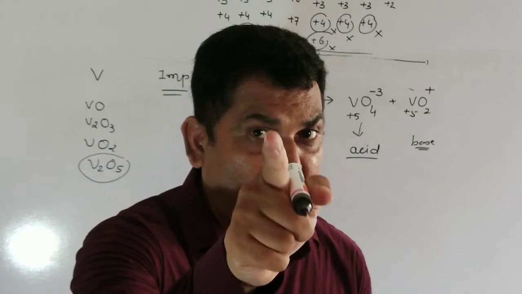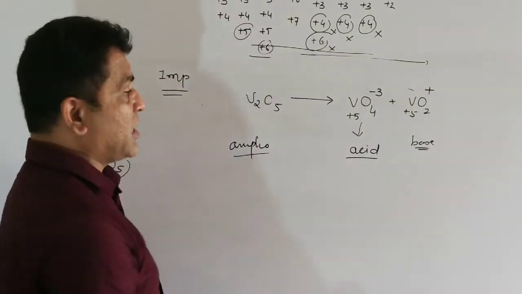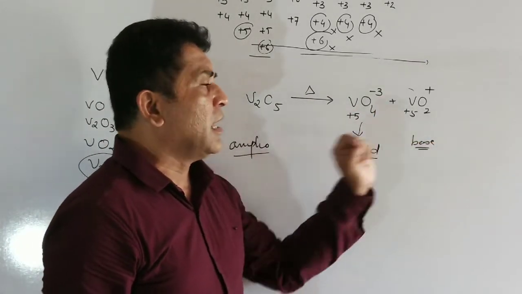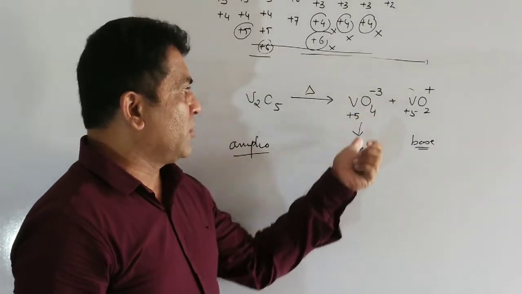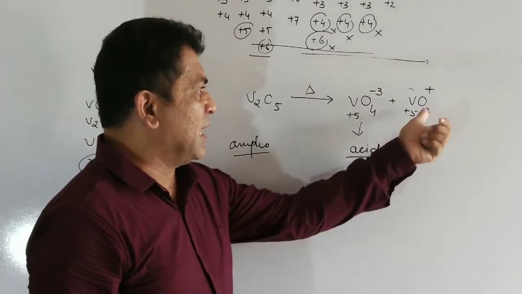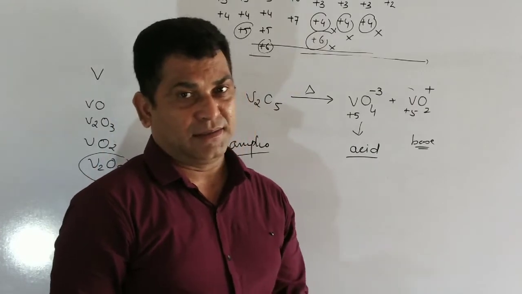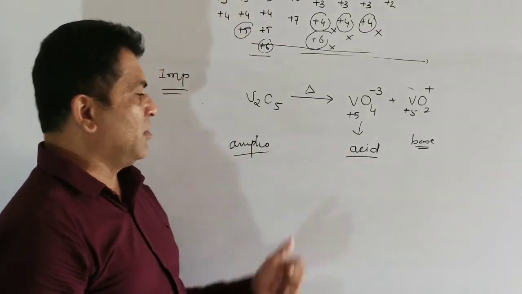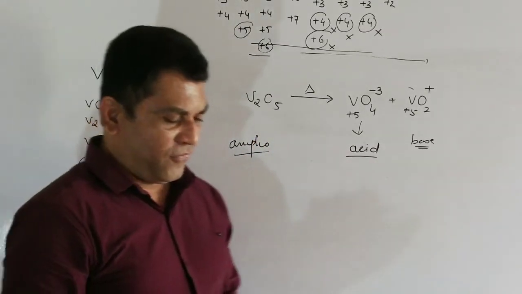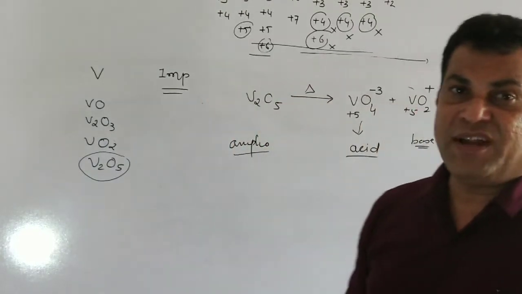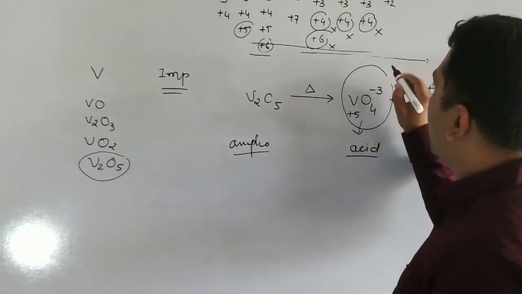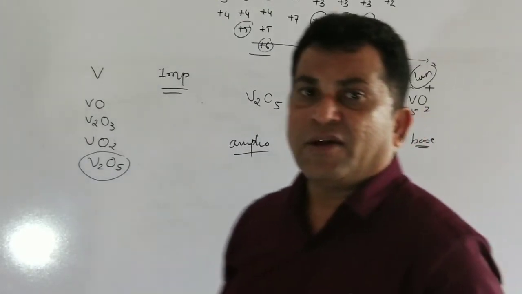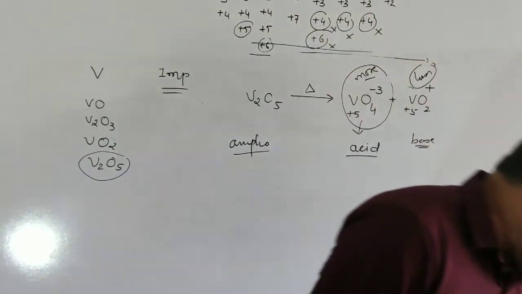The point is vanadium pentoxide can be thermally decomposed into the VO4 -3 ion and VO2+ ion. VO4 -3 is actually acid and VO2+ is actually base. When both combine, it is an amphoteric material. But when we decompose it, the acidic part will be in more amount and the basic part in less amount, and that's why vanadium pentoxide is more acidic in nature.